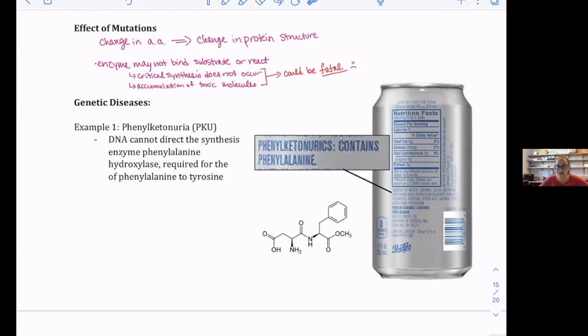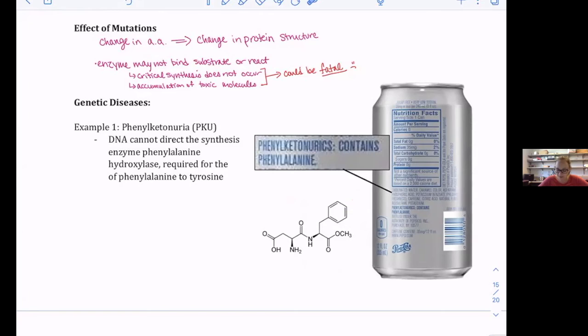Tyrosine is something that our body makes. It just takes phenylalanine and adds that OH here. But people with PKU do not have in their DNA the code to make that enzyme. So it's really dangerous for them to get excess phenylalanine, and it could cause a lot of problems in their system without having the tyrosine there.